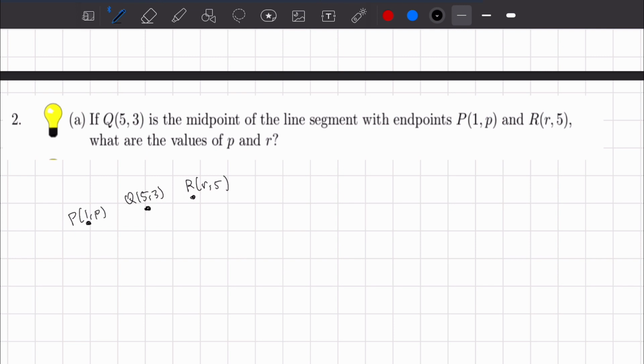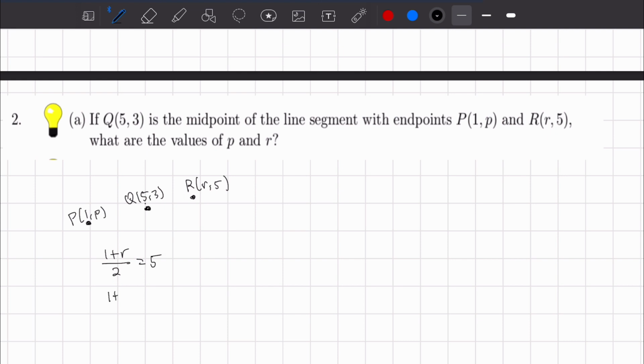I just estimated the coordinates, not the actual coordinates, but to find this, since 5, which is the x coordinate, is the middle of 1 and r, it's like the average of 1 and r is 5. So (1 plus r) over 2 equals 5.